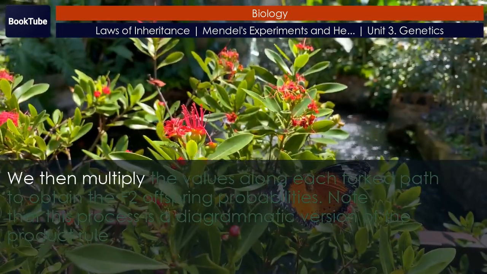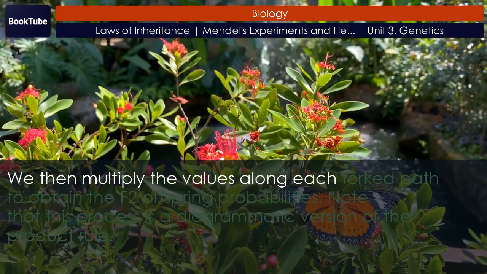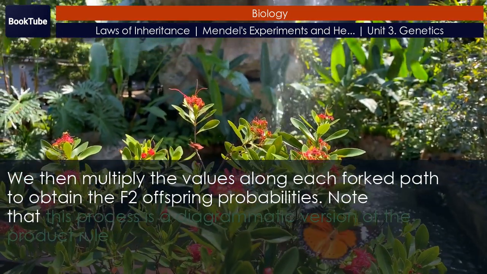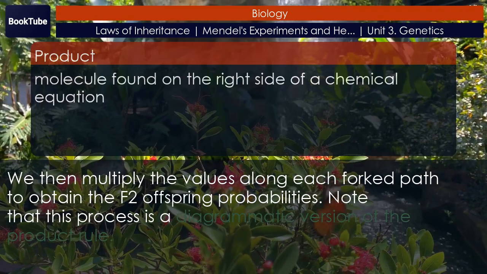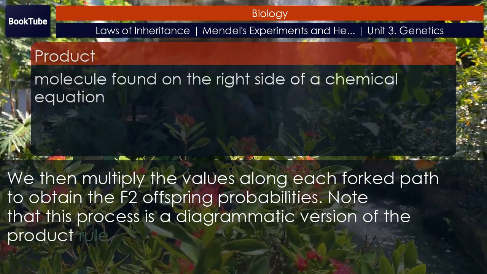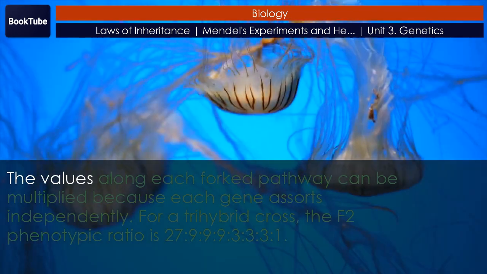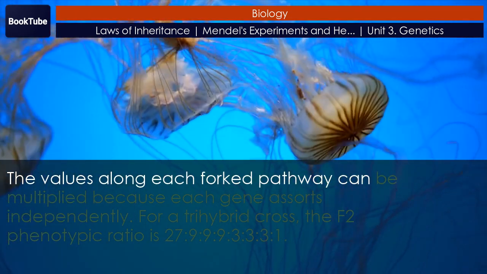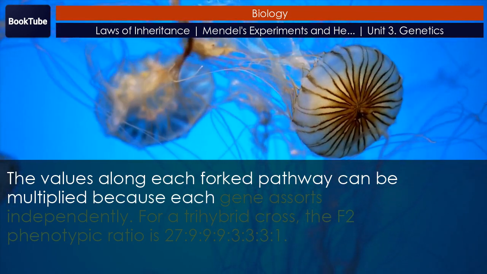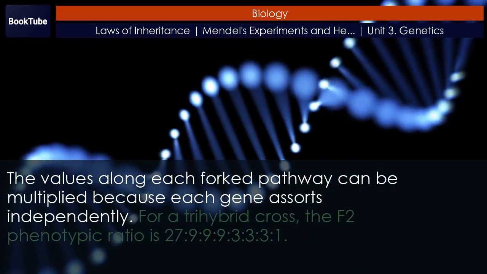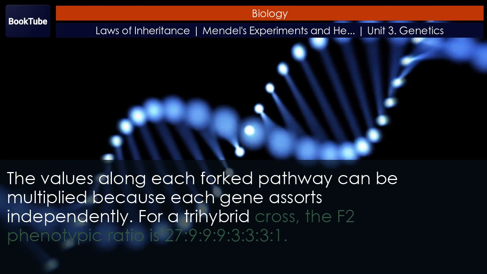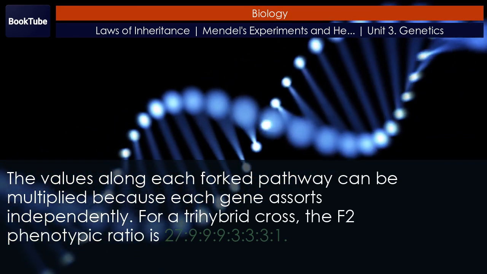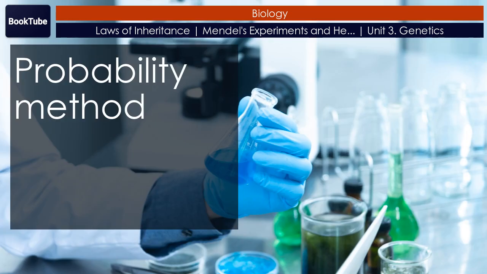We then multiply the values along each forked path to obtain the F2 offspring probabilities. Note that this process is a diagrammatic version of the product rule. The values along each forked pathway can be multiplied because each gene assorts independently. For a trihybrid cross, the F2 phenotypic ratio is 27:9:9:9:3:3:3:1.